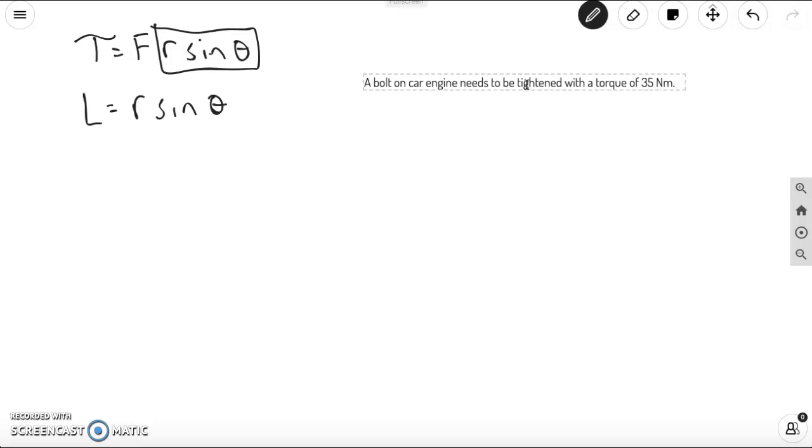Remember, those units are newtons times meters. You're using a 25 centimeter long wrench, and you're pulling on the end of the wrench at an angle of 60 degrees. Okay, so that's the angle at which you're pulling. We want to find out what is the lever arm and how much force needs to be applied.